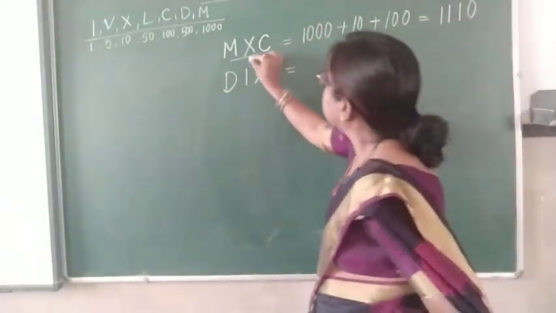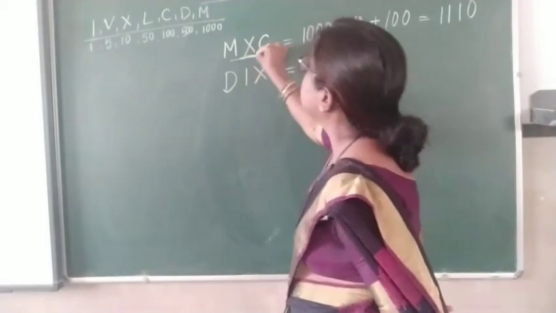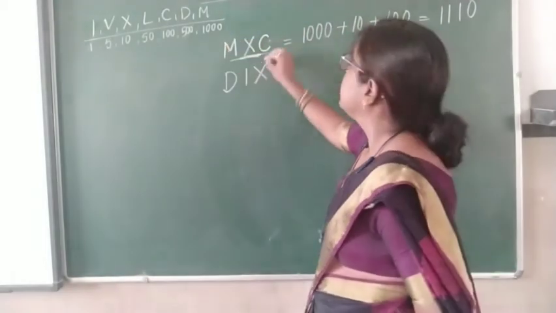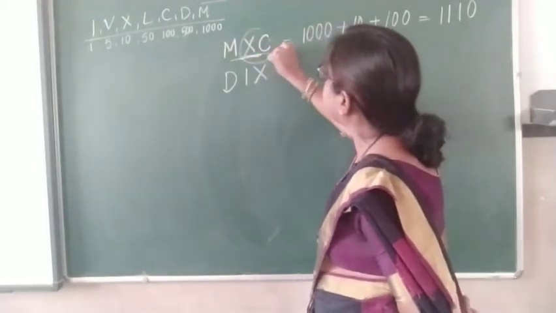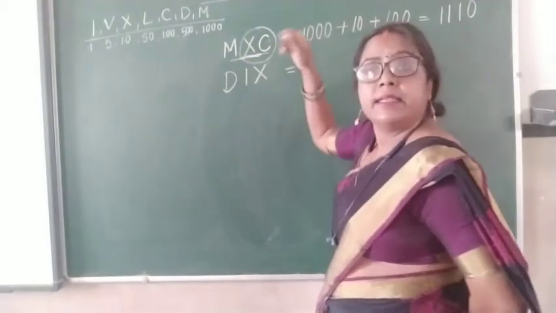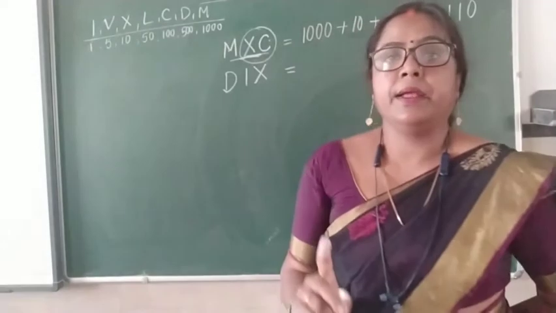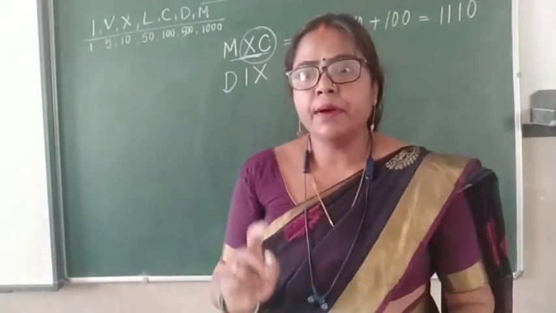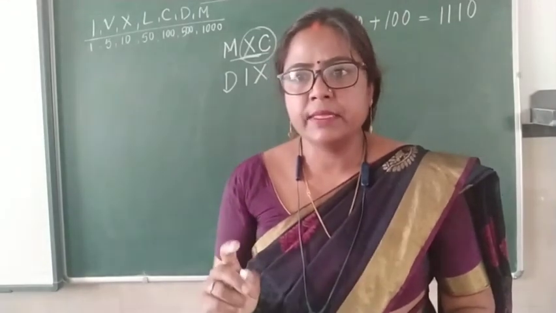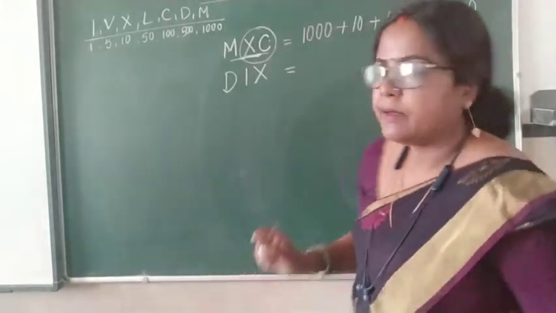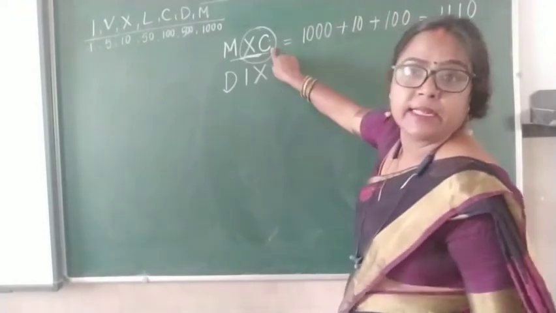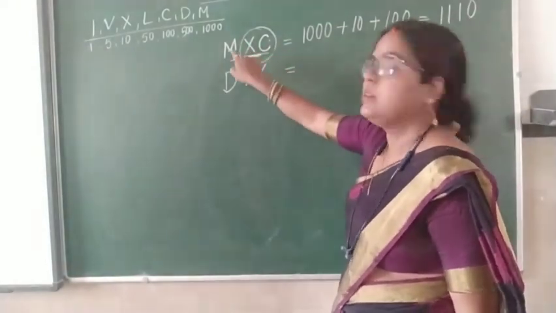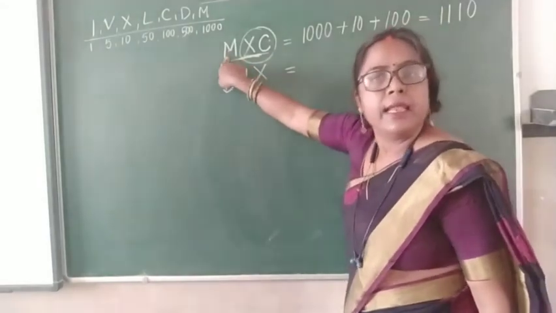Because when a smaller number is written in between two bigger numbers, it means the smaller number is subtracted from the right side bigger number. So if any smaller number is between two greater symbols, it is subtracted from the extreme right number. It is not going to add to the number on the left side.